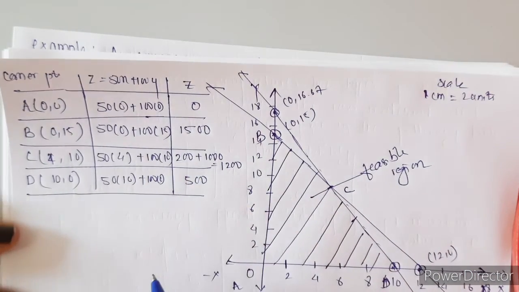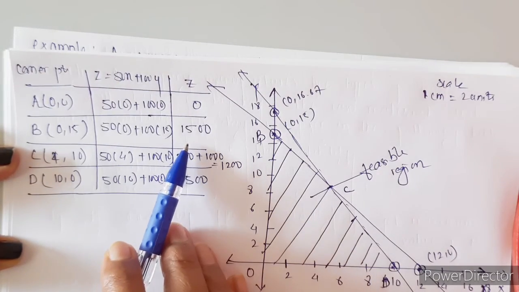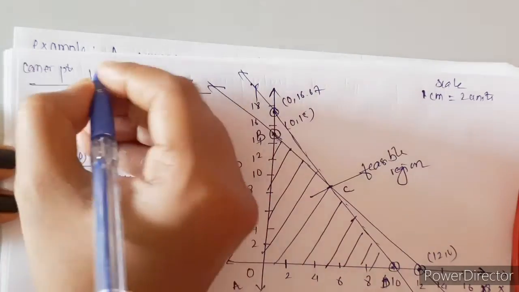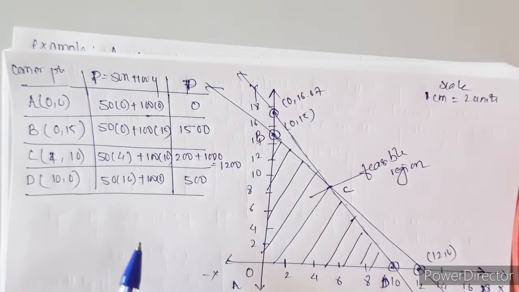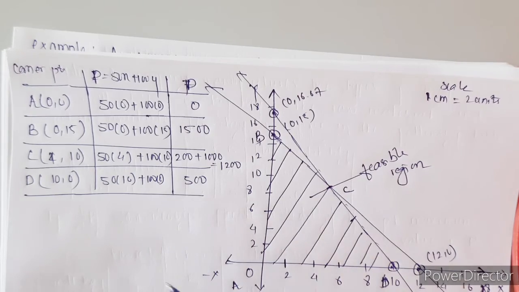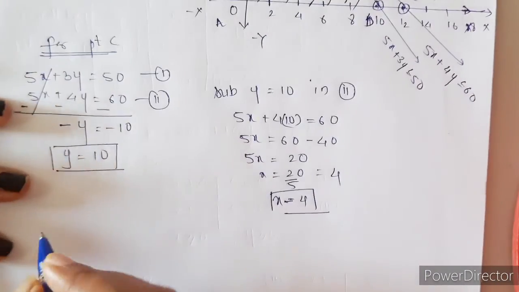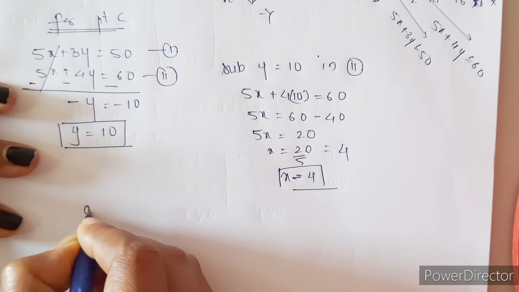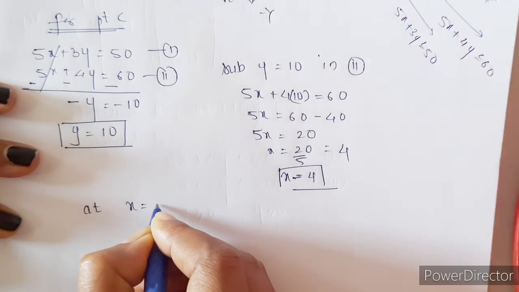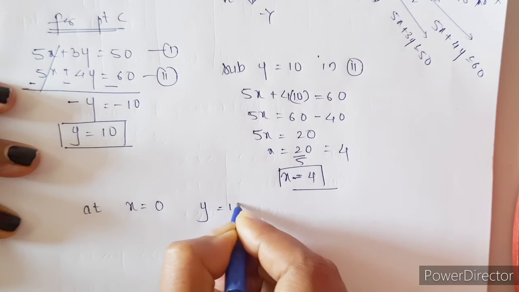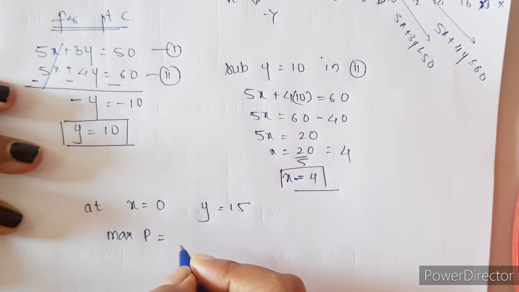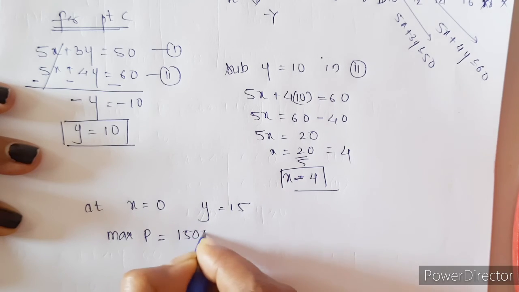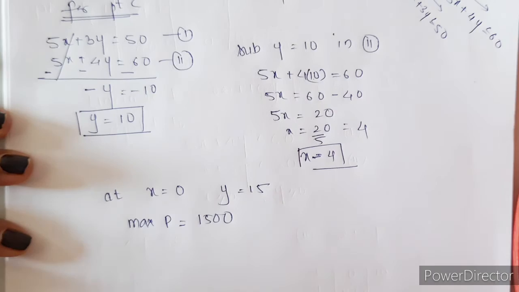So we are getting maximum P, sorry, this is P, this is also P. Maximum P when x is 0, y is 15. Okay. So at x equals to 0 and y equals to 15, we are getting maximum P, and maximum P is 1500.